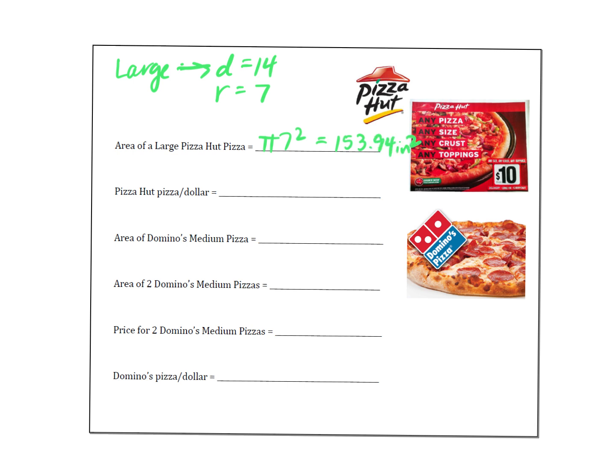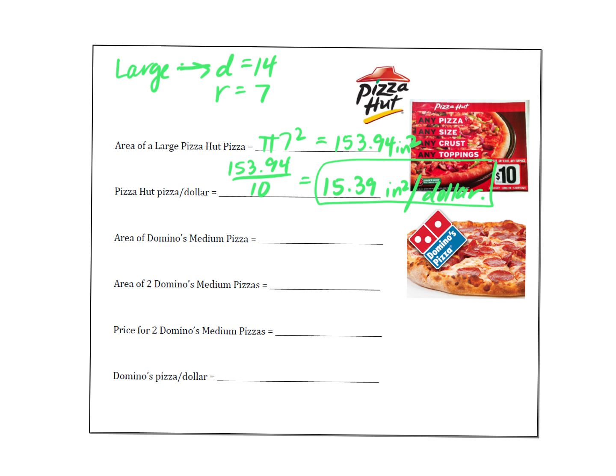Now, it's going to cost you $10. So let's find out how much pizza you get per dollar. You're going to take 153.94 and divide it by the $10 it's going to cost you. And so what that tells you is you're going to get 15.39 inches squared per dollar. Okay, we'll just leave that and come back to it later.